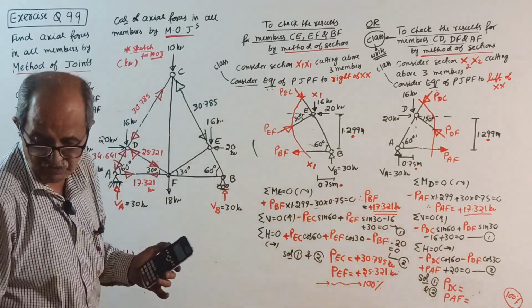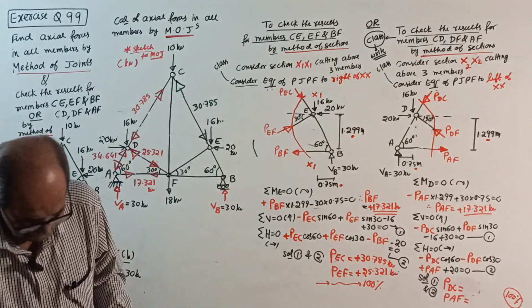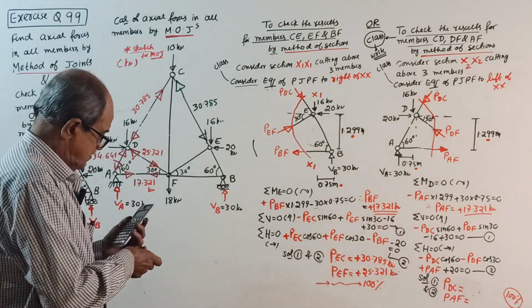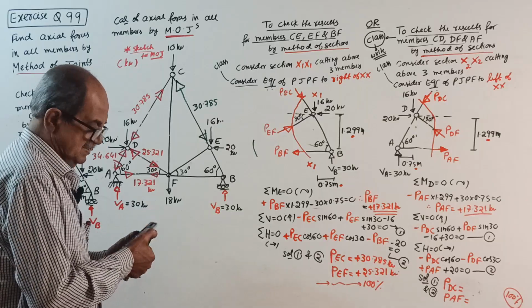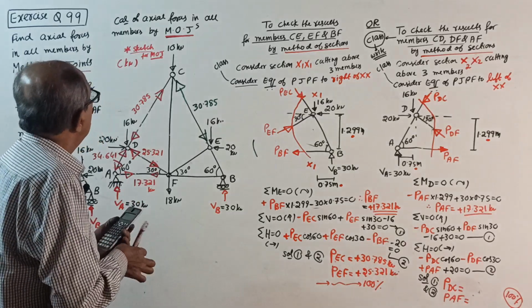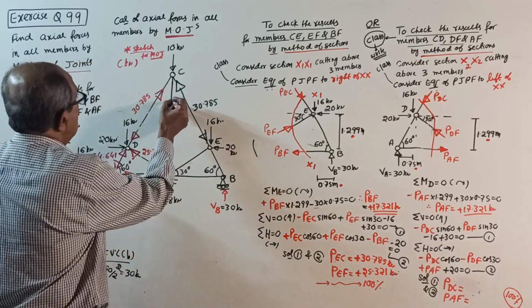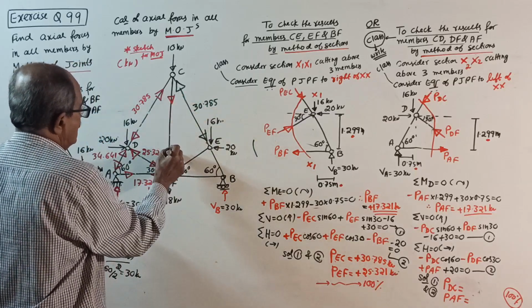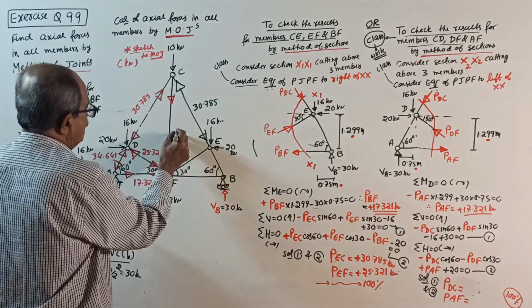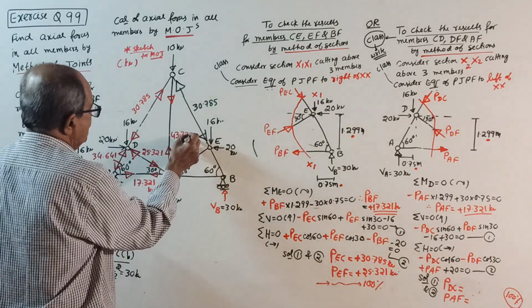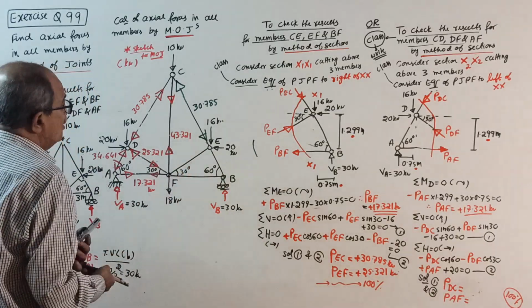Now this color is not required. Okay. Lastly, I require 43.321. I am getting the wrong color. Red I want. 43.321 is the force here. Okay. Then that's all over.